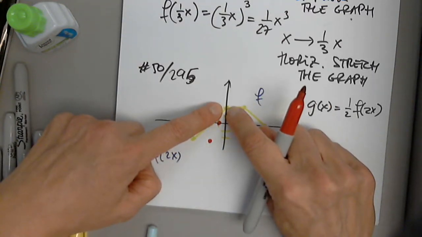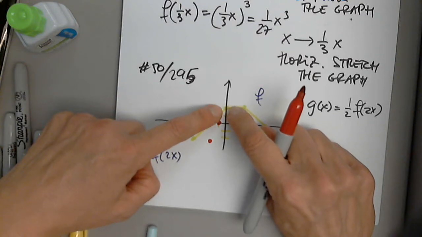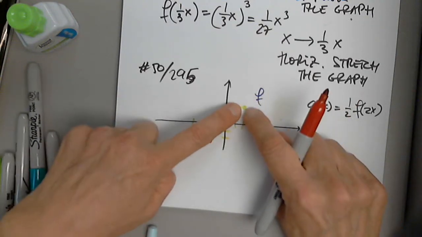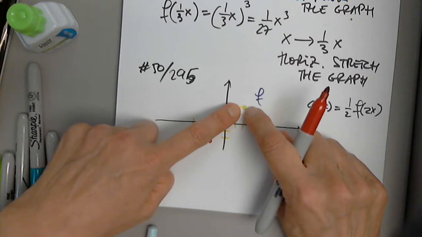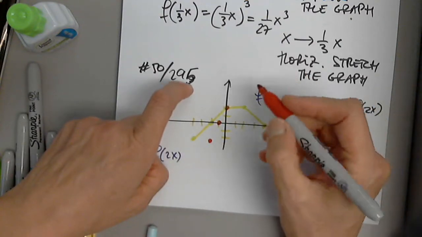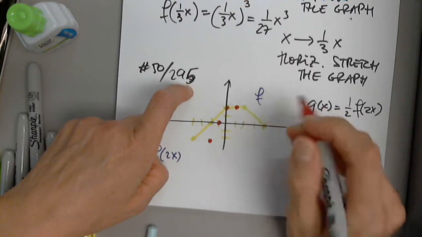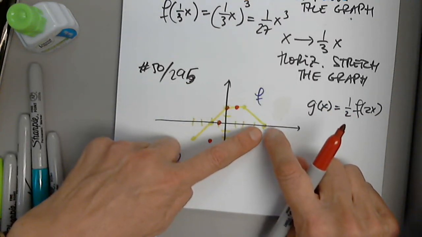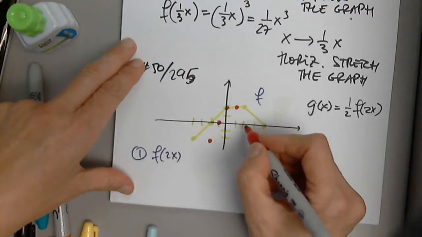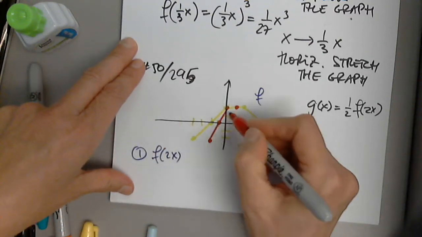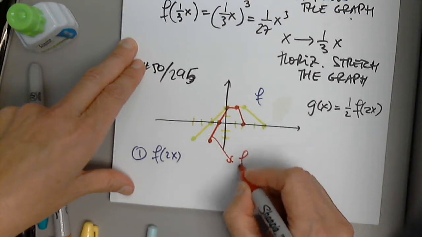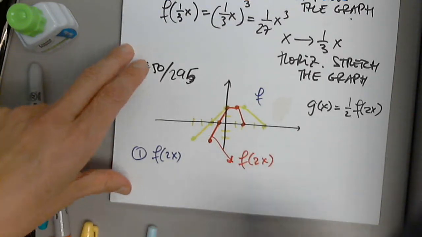For the x value of this point, divided by 2. For this point, its x value, please divide it by 2. And for this point, its x coordinate divided by 2. This is the graph of f of twice x.